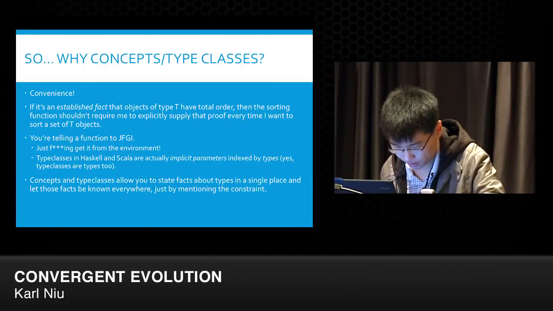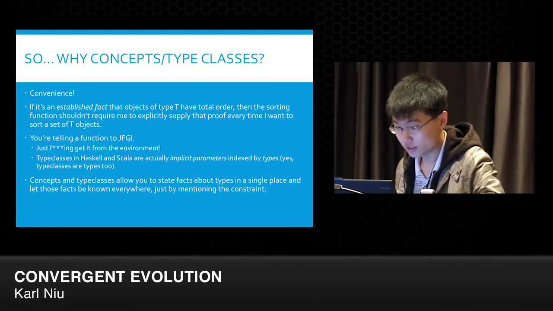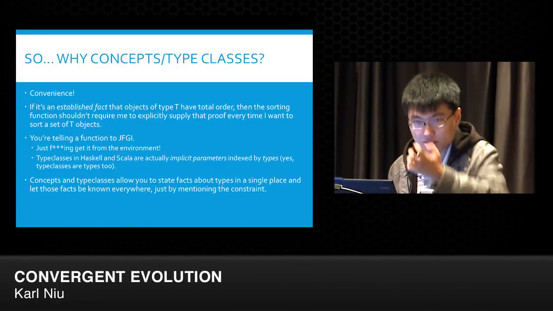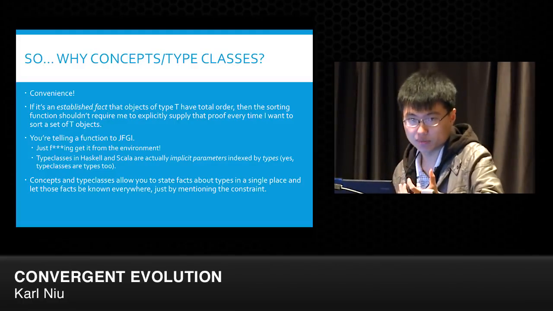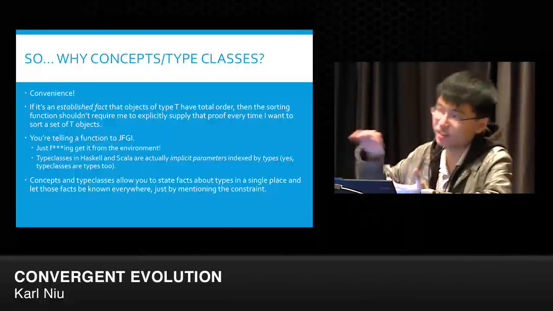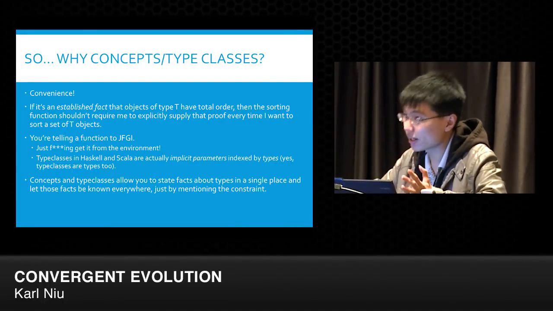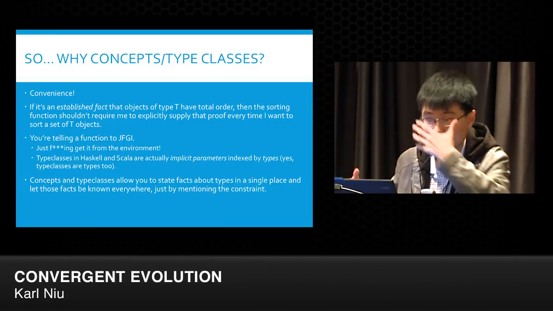And it's very interesting because in Haskell and in Scala, type classes are implemented underneath with implicit parameters. They are implicit parameters that are indexed by the type. Yes, type classes are a different kind of type than the normal types you deal with, but they're still a type nonetheless.